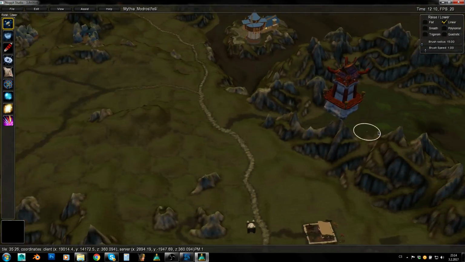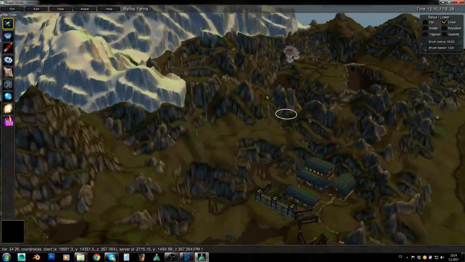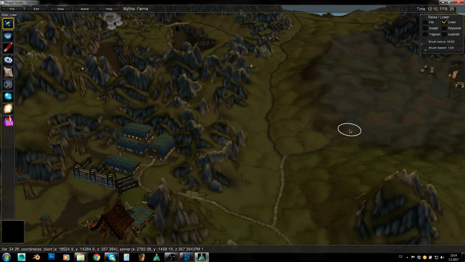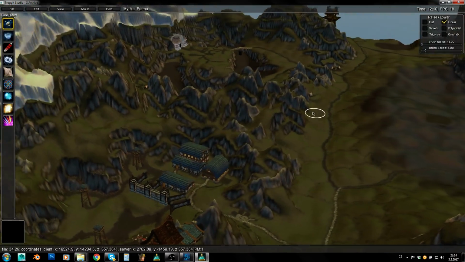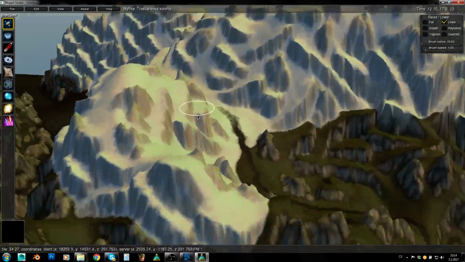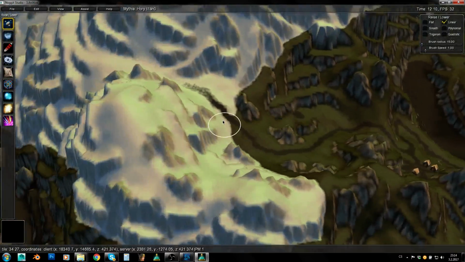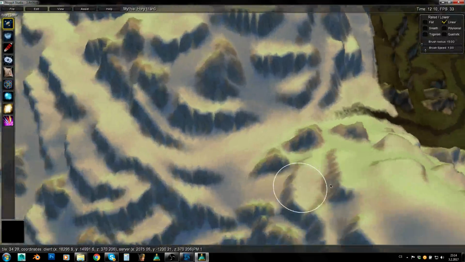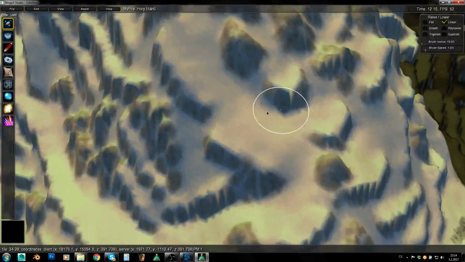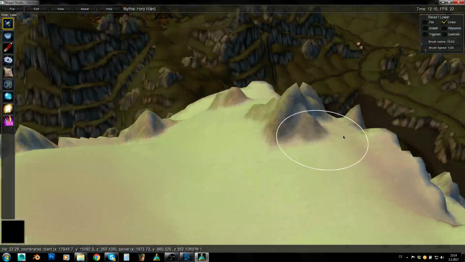Yet another thing is that you can make your players explore your map by creating points of interest, and you can create points of interest even just by designing your terrain. For example, here you get this road, you can follow it up here, you can still follow it up here, here, here, and you get to the highest mountain around.